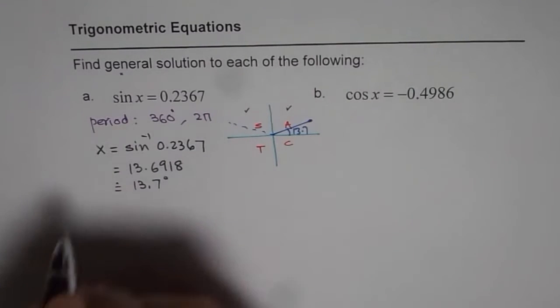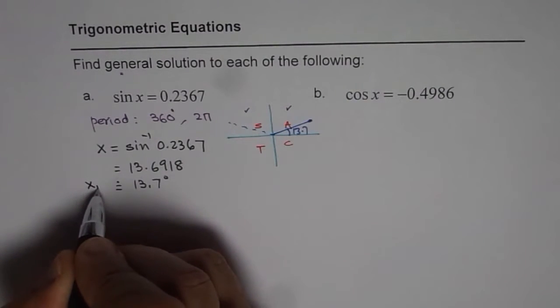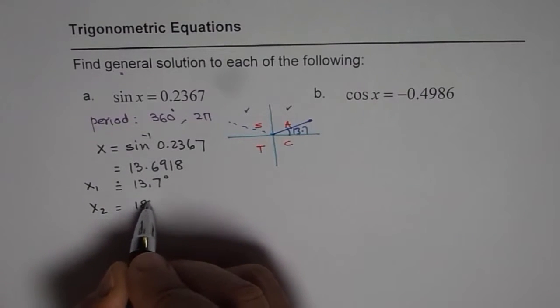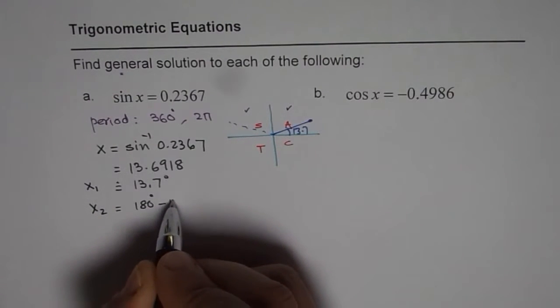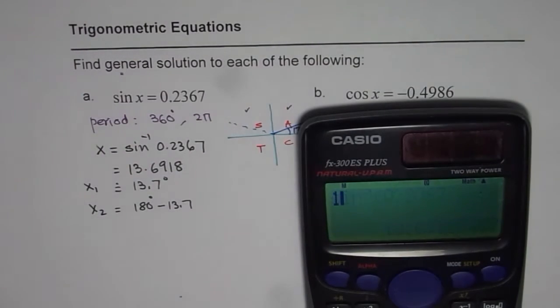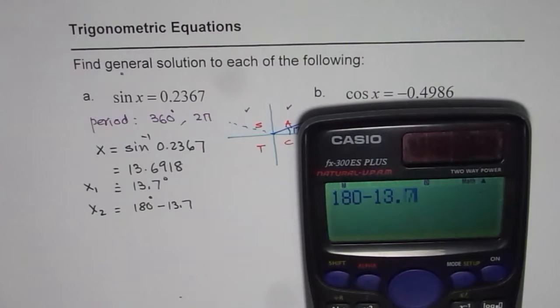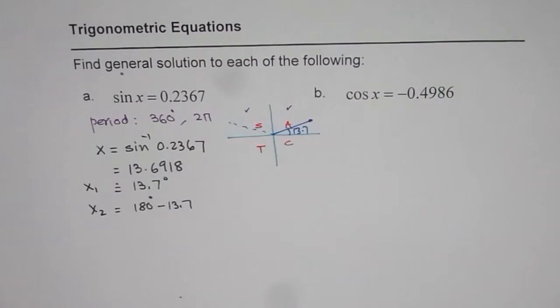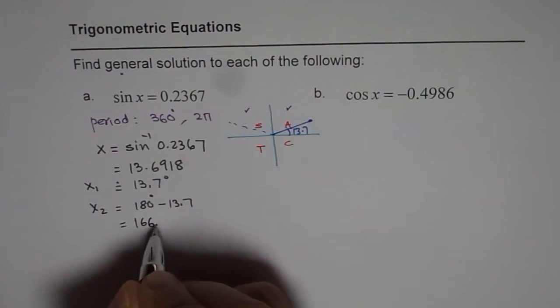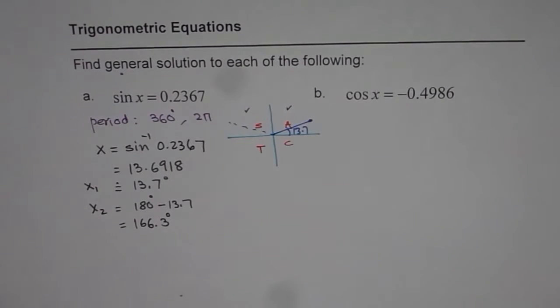Let me write one of those values as x1, and x2 as 180 degrees minus 13.7. Using the calculator, 180 minus 13.7 gives us, in decimals, 166.3. So the other solution for us is 166.3 degrees.